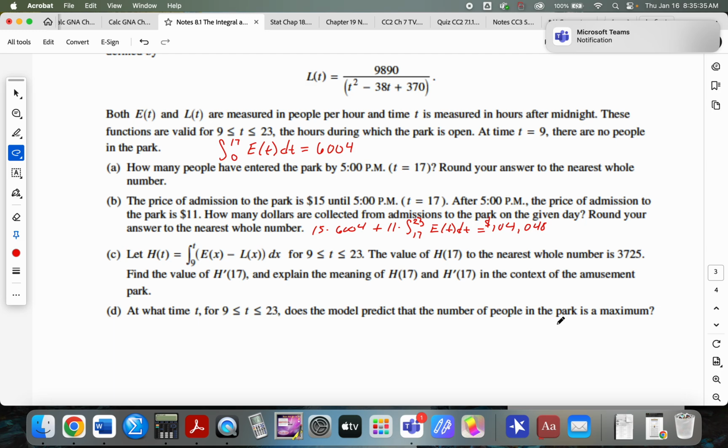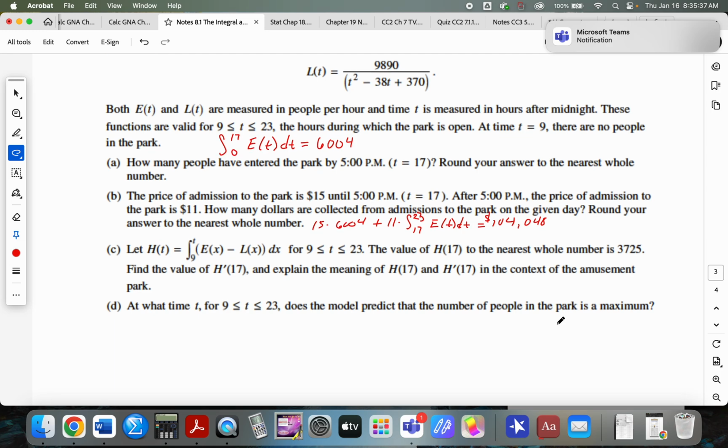All right, and here's where it gets interesting. Let H of t be the integral from 9 to t of E of x minus L of x dx for the time interval from 9 to 23. Find the value of H of 17 to the nearest whole number. It says the value of H of 17 is 3,725.